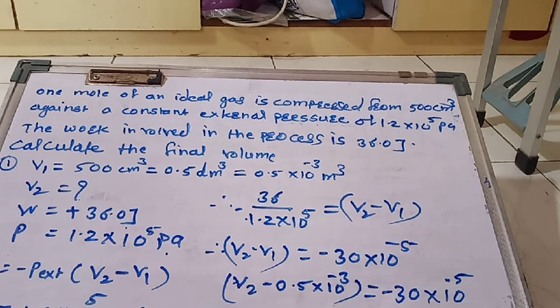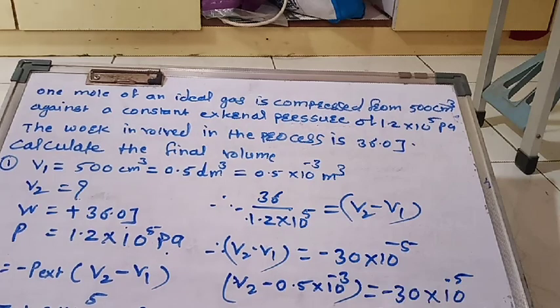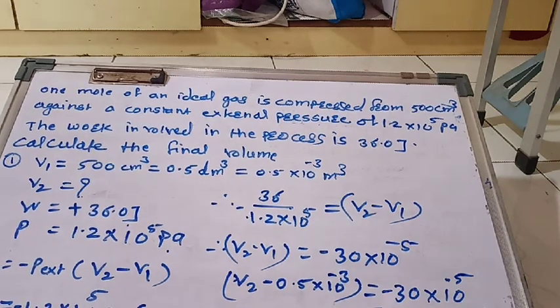If it goes there, it becomes plus 0.5 into 10 raised to minus 3. So V2 is equal to minus 0.3 into 10 raised to minus 3 plus 0.5 into 10 raised to minus 3. So V2 is equal to 200 cubic centimeter.